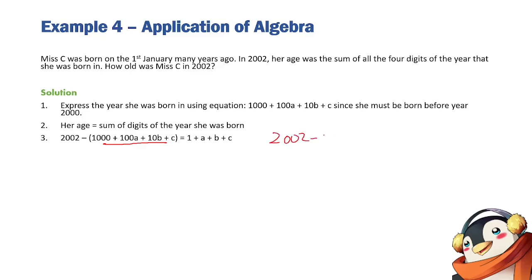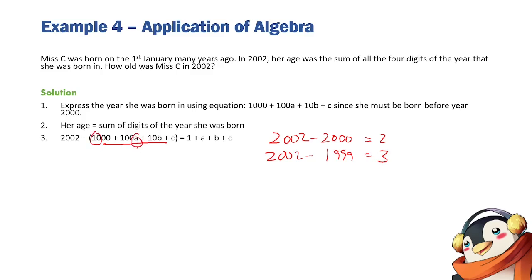So let's say if you are born in the year 2000, then you're 2 years old, right? This is just a representation. So in this case, say you're born in 1999, and they're 3 years old. Got it?